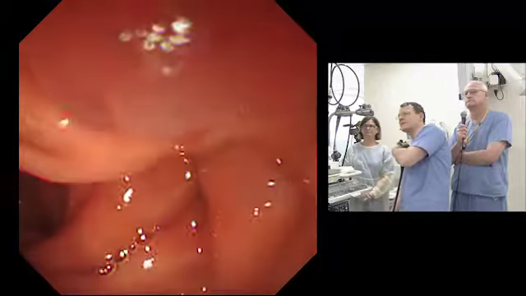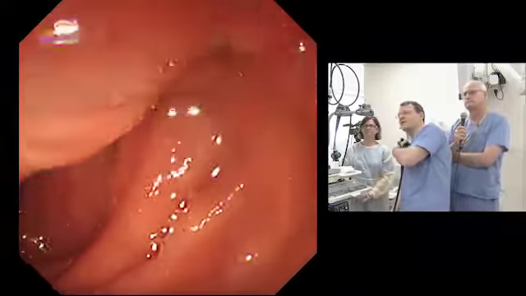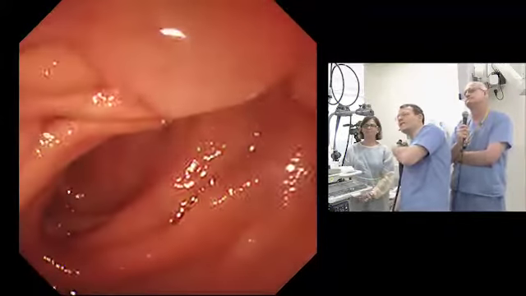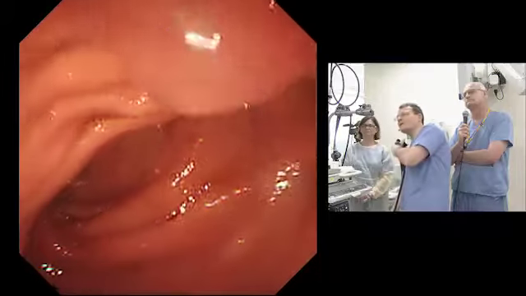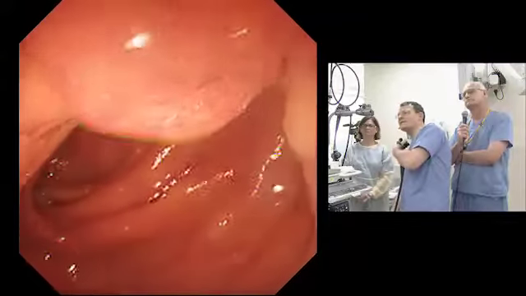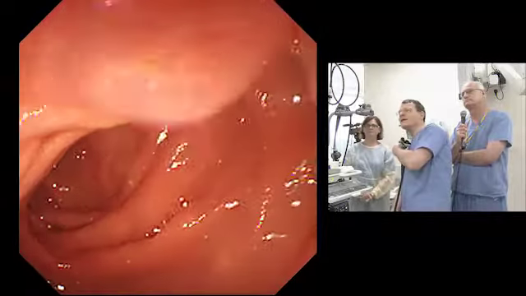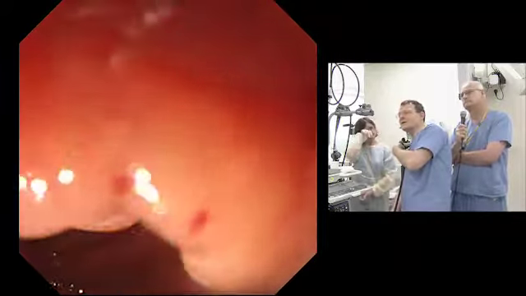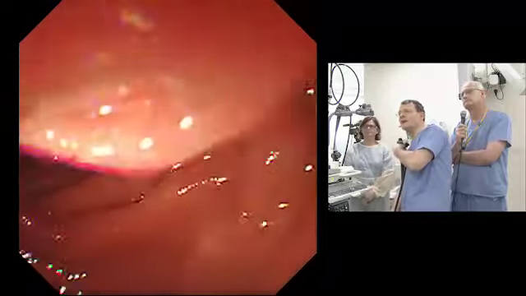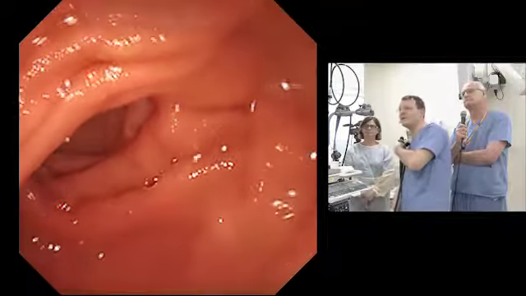What I'm doing now is I always suck and try to get out some mucus. But even though we have done this for 5 minutes, we only saw some bile. So what I can say for the moment is it is not a papillary tumor. It is not a papillary adenoma, and we don't see any fishmouth papilla.